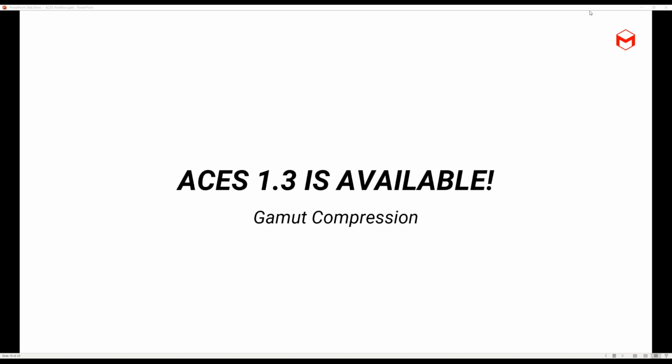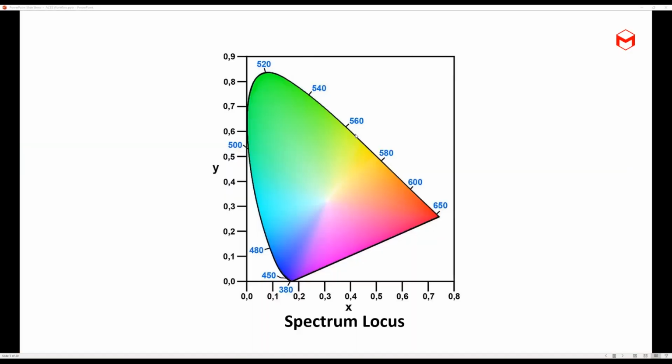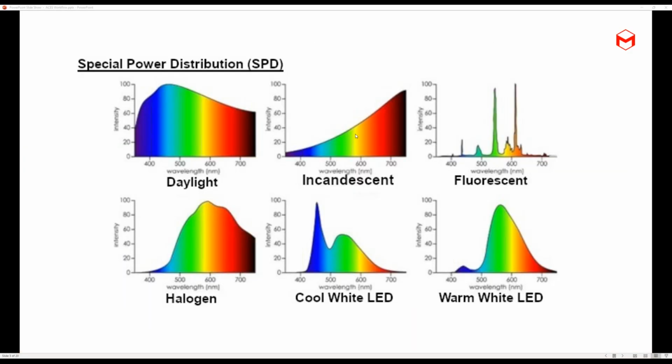And sometimes things can get very rough as we introduce synthetic things like neon light and laser light, because those light sources, if you remember the spectral power distributions. I'm sorry, there's a typo. It's not special power distributions, it's spectral power distributions.